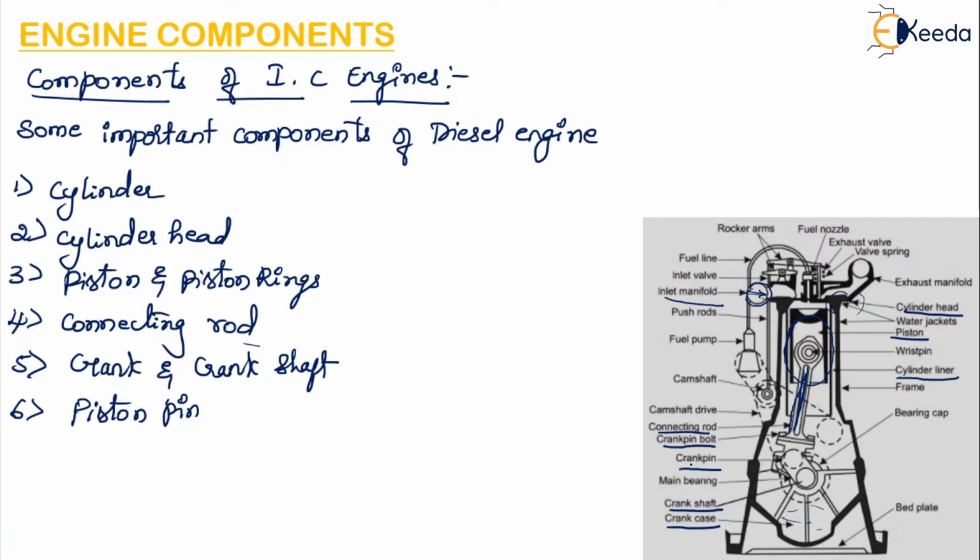Okay, all these come under the crank and the crankshaft. Then there is a piston pin also, which is not shown in the figure. Okay, but the piston consists of a piston pin also.